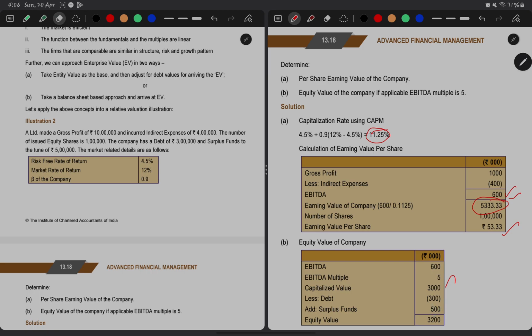Because these surplus funds are for the equity shareholders only, right? So hence, since we need equity value, we'll be adding that back to the capitalized value. So 3000 minus 300 plus 500 surplus funds, which are available for the equity shareholders. So the equity value is 3200.